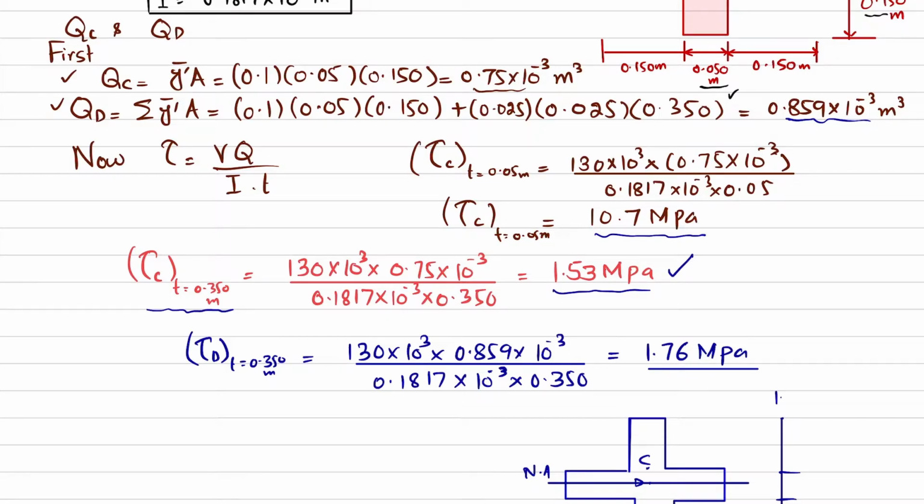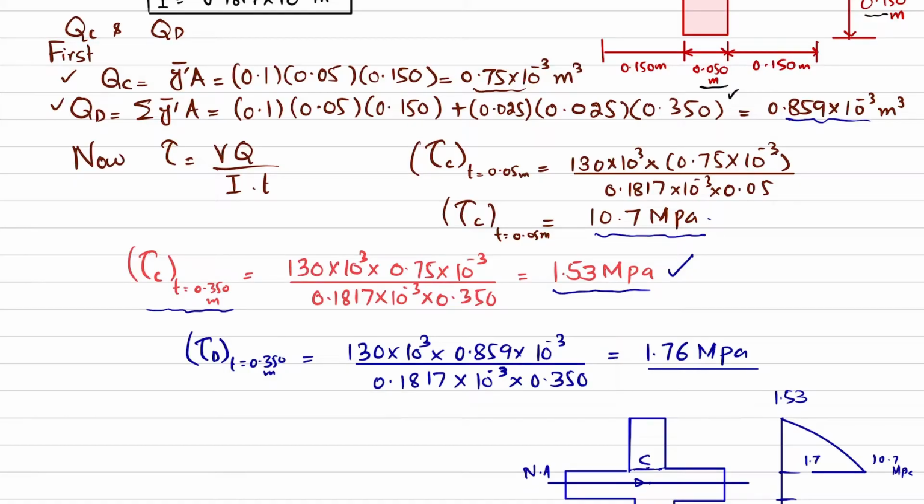So this is 1.53 megapascal, and at C, where the thickness is 0.05, the stress will be 10.7 megapascal. So I will join them, it will be like this. Now you can see that at thickness 0.350 over this portion, the shear stress becomes 1.76.